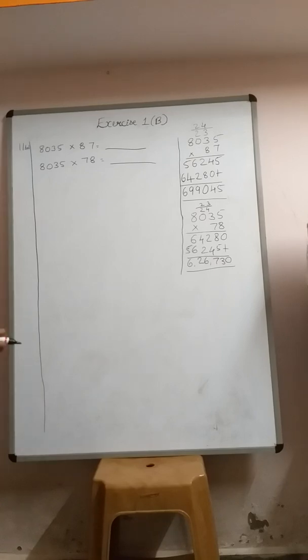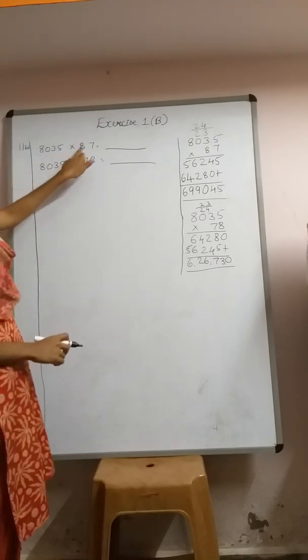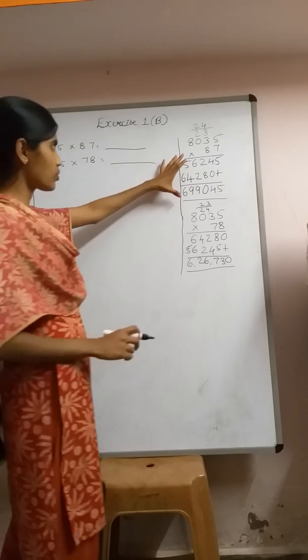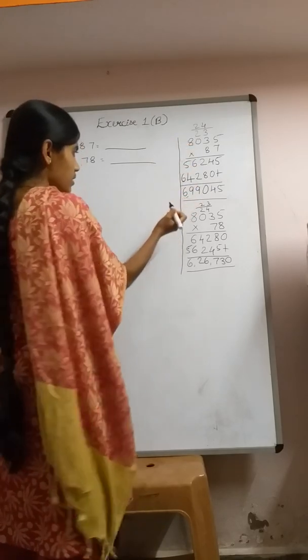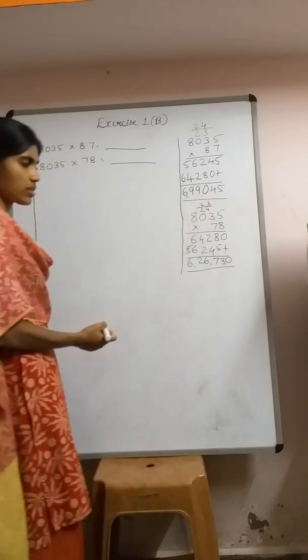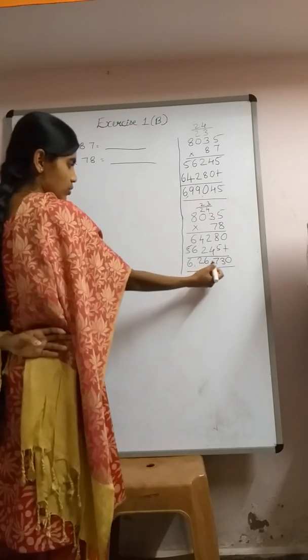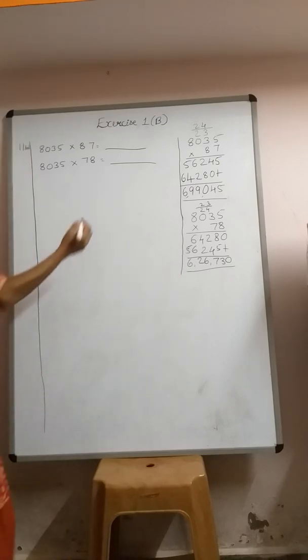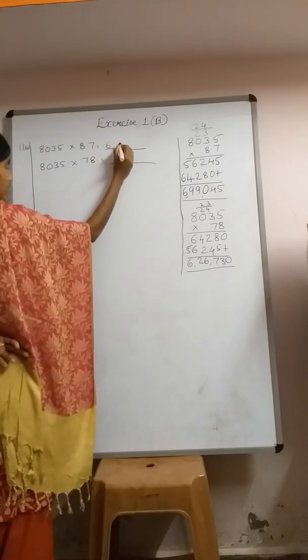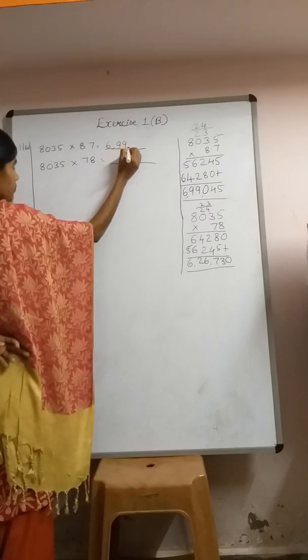I have solved 8035 multiplied by 87 in the solution box. You can see I obtained the answer 6,99,045 and here 6,26,730. As we know, let us enter the answers here.